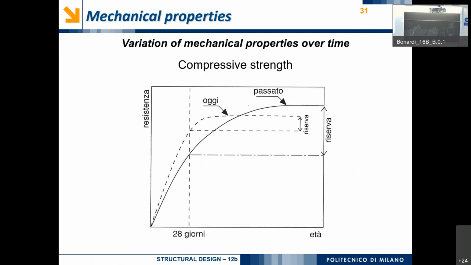Something strange about the concrete that I have not yet mentioned is that the mechanical properties actually vary with time. So what does it mean? If I cast some beams today, how is it cast?